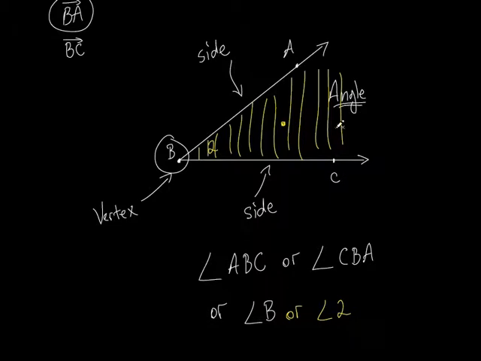It's in between the two rays, so it's in the angle? So we don't say inside, we use the word interior. We call that the interior of the angle. So any point in between those two rays would be in the interior of the angle.